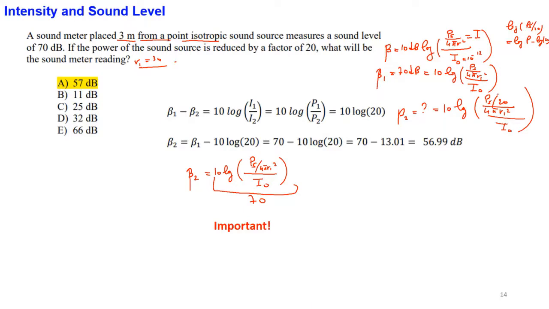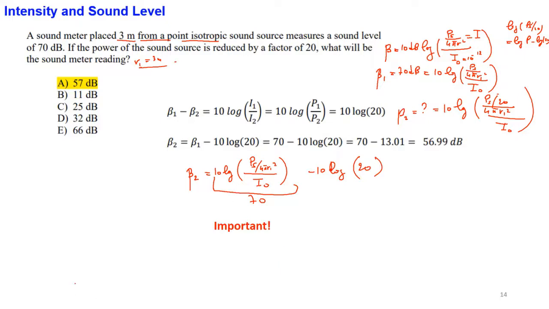So I just put this out. So I will have what? Minus 10 log of 20 basically. So do you see what I did?